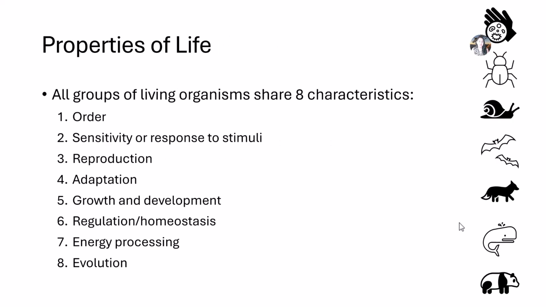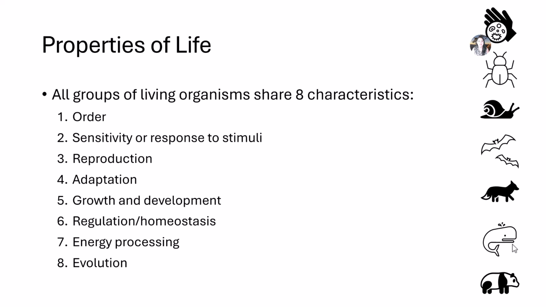So first off, what is alive? These are characteristics that all things that are alive will share. All groups of living organisms share 8 characteristics. To the right, I included pictures of various different organisms that are alive. Some we might think of as for sure alive, like whales and pandas.